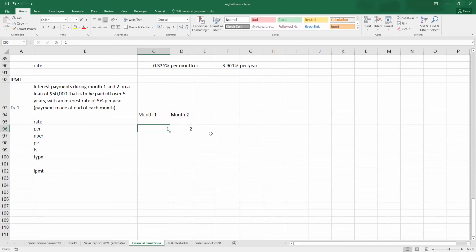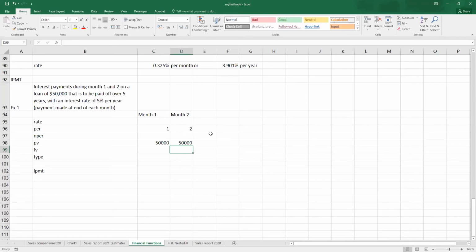After that, you have a loan for 50,000, which means you receive 50,000 on the first day. For month 2, the present value is the same because you borrow 50,000 from the bank.